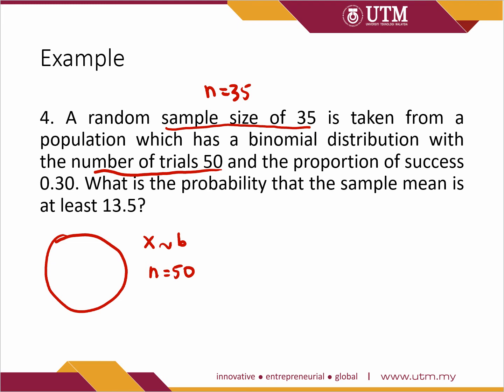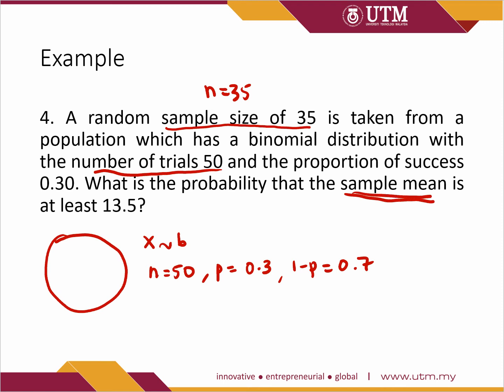And the proportion of success is 0.3. So the proportion of success P is equal to 0.3, and 1 minus P would be equal to 0.7. So our aim is to find the probability that the sample mean is at least 13.5.